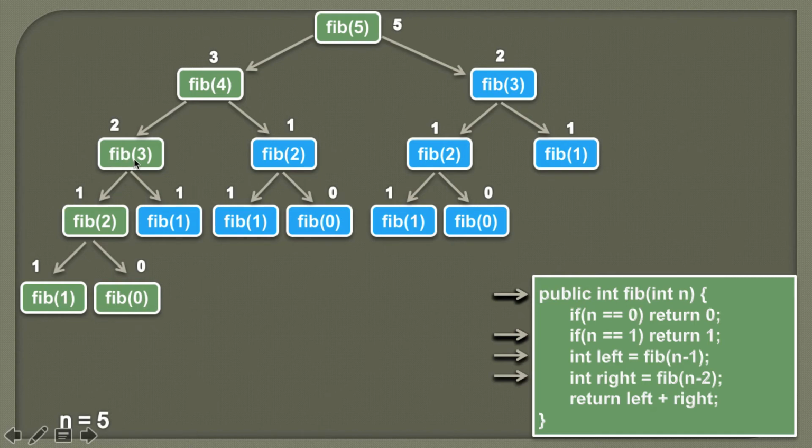If we see the tree of fib of 3, this much, you can see that we have recalculated this tree here again. And also the tree of fib of 2, which is this much portion, we have recalculated it here and here.